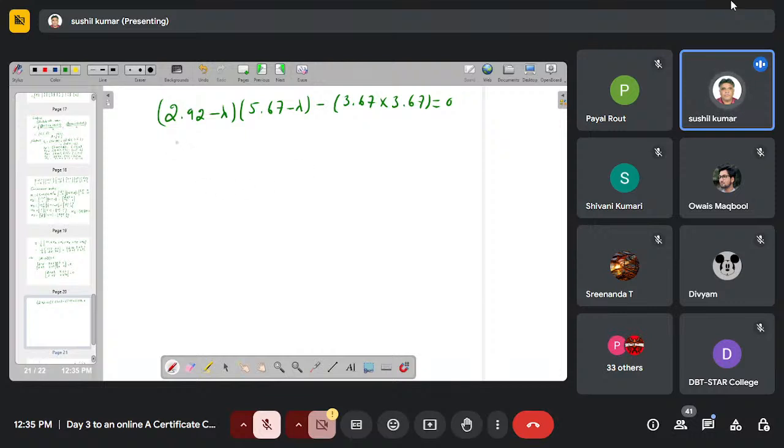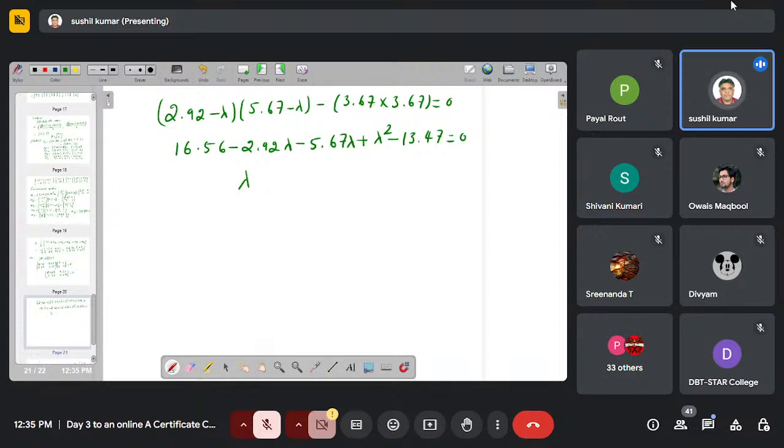If you do this calculation, you need to multiply 5.67 into 2.92, and it will give you 16.56 minus 2.92 lambda minus 5.67 lambda plus lambda square minus 13.47 is equal to 0.